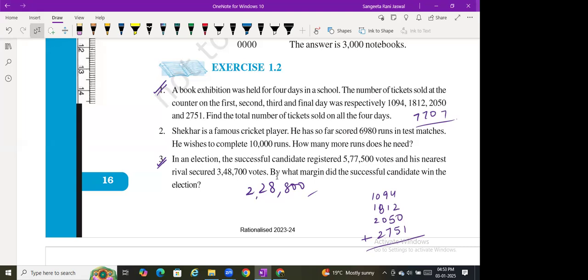Yes, Nishika, you understanding? Yes, ma'am. Please do it in your notebook and write with the statement, because whenever you have a statement question, you should write the statement. So you don't need to write on the first day this many tickets, second day this many tickets. Don't make the statement so long for 4 lines. Okay, just write the total number of tickets sold on all 4 days is the total of all this.